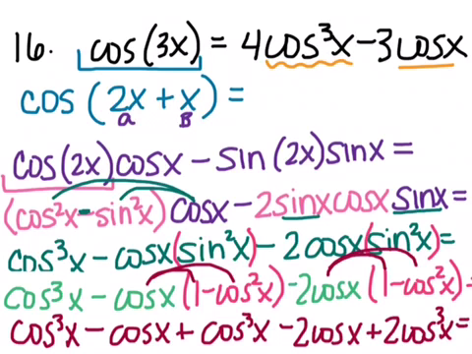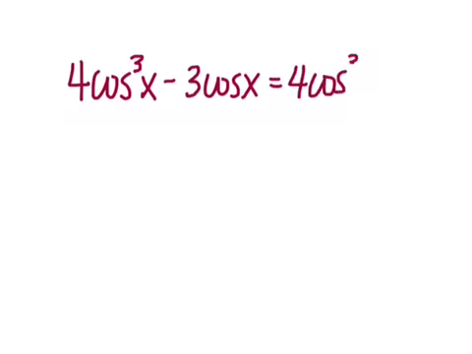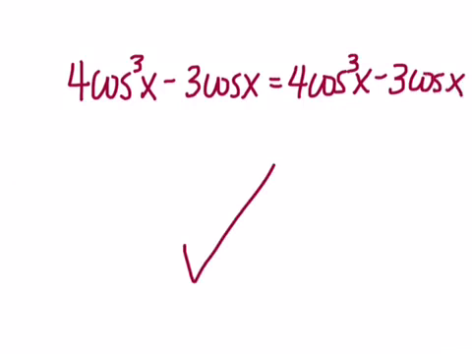We have negative cosine x and negative 2 cosine x, so that's going to give us negative 3 cosine x. And that is the same as our goal. And give yourself a big check mark because you proved the identity.